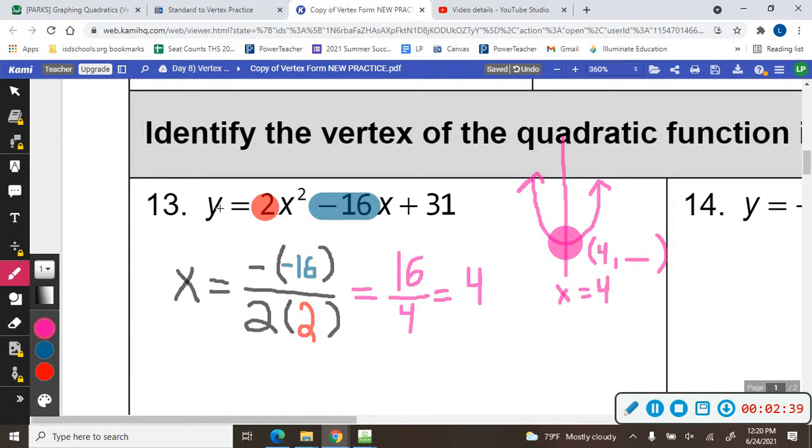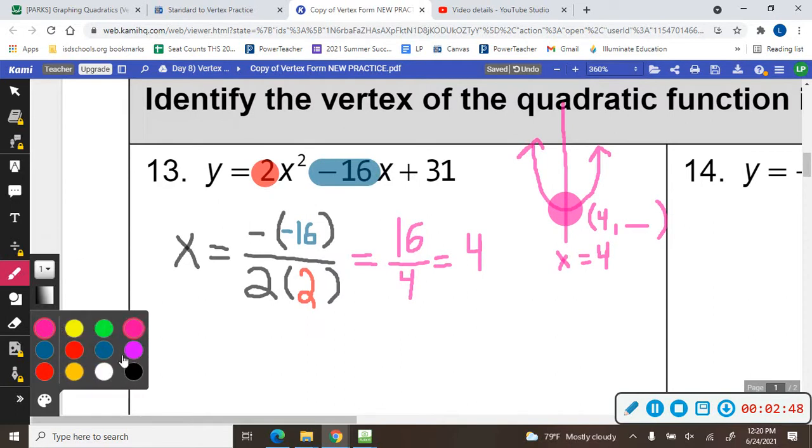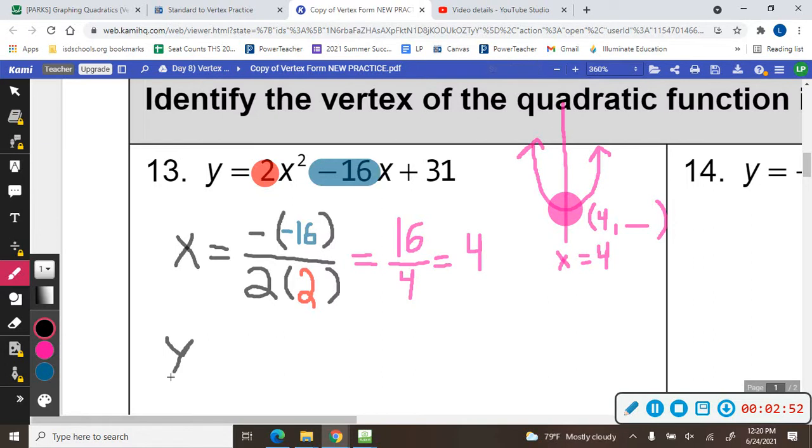Luckily, in order to find the y value, we have an equation that says, hey, if you know any x value, just plug it in. That'll spit out the y. And so that's what I'm going to do next. I know that to find the y, you just take 2 times your x squared minus 16 times your x, and then you add 31.